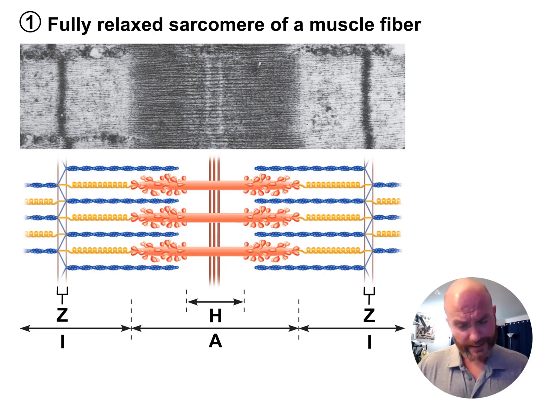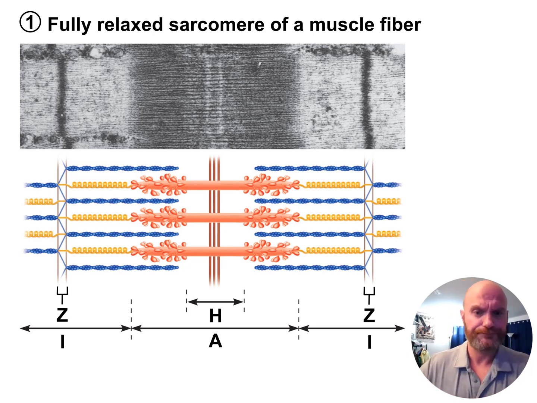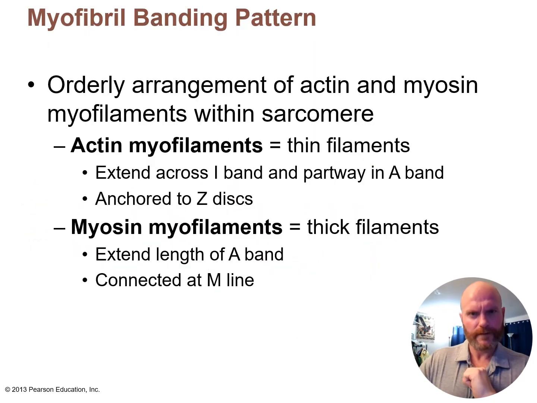What you see in black and white is known as an electron micrograph, and this is one of the most detailed views that we can get in science using this technology. We will be able to see how the view changes when the sarcomere is contracted versus fully relaxed, as we see right here. So bear with me just a few more slides with definitions, and then we'll get into the sliding filament theory.